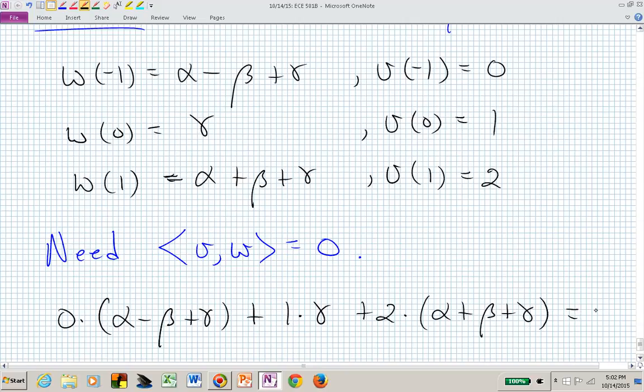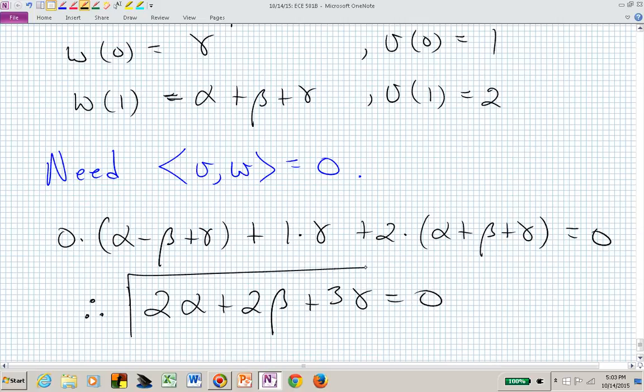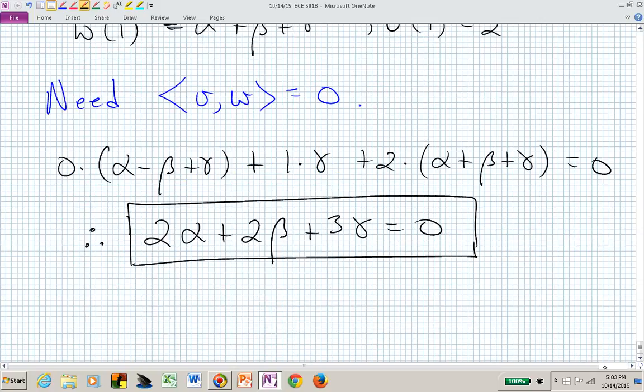We need all of that to equal 0. Fortunately, we don't have to include that first term, and now we just add 1 gamma to the last piece, which has a scaling of 2 on all of those scalars, so we have 2 alpha plus 2 beta plus 3 gamma equal to 0. We need that to be true for alpha, beta, and gamma to give us orthogonality between V and W.